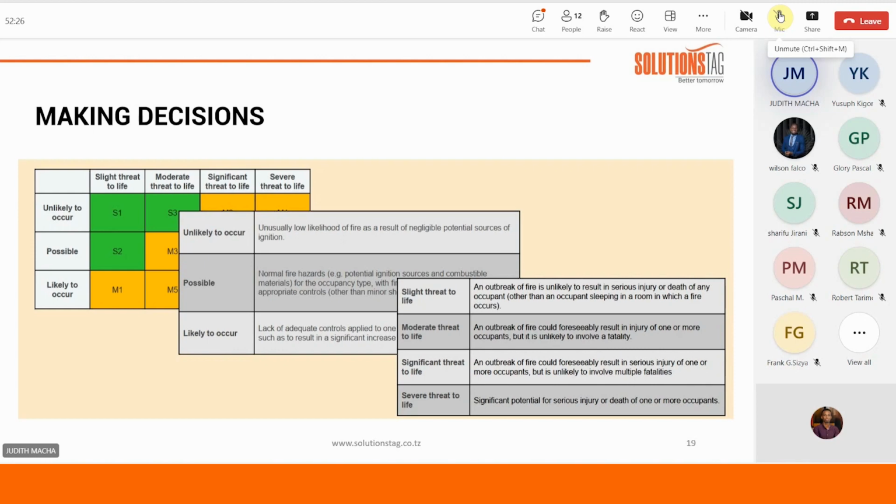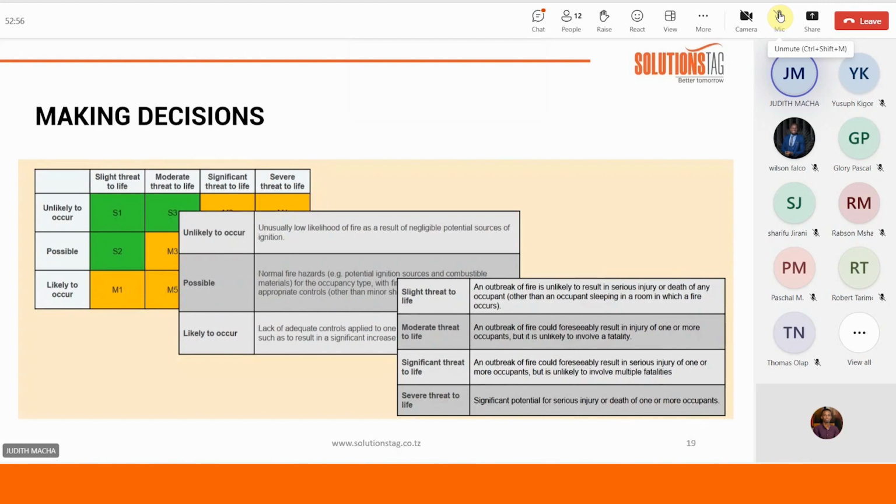If it's moderate, that means it can happen and unforeseeable results may occur, but it's very unlikely to involve a fatality. If it's significant, that means the fire can happen and can lead to injury to one or more of the people, employees or occupants in that area, but it's very unlikely to involve multiple fatalities.